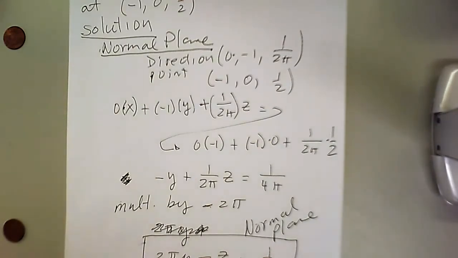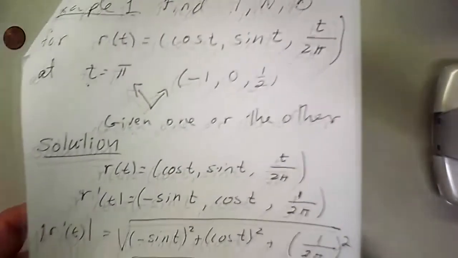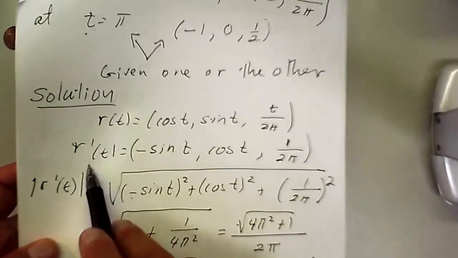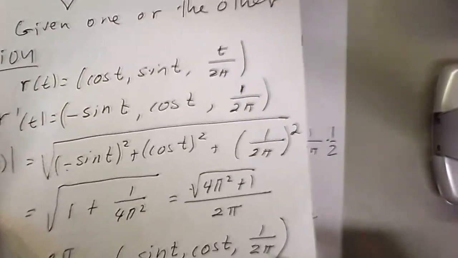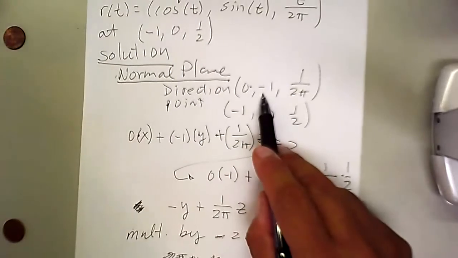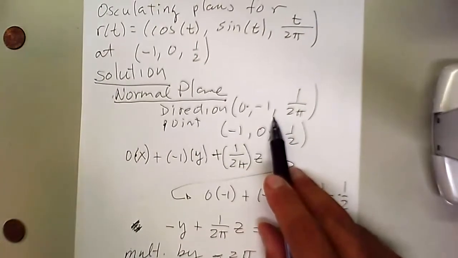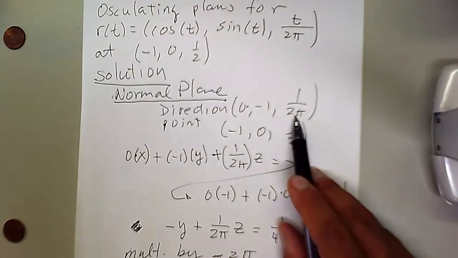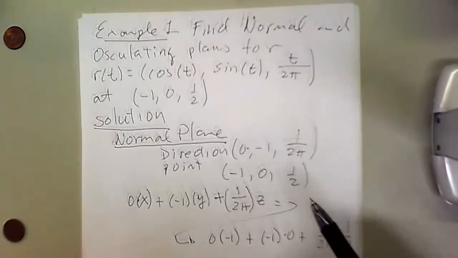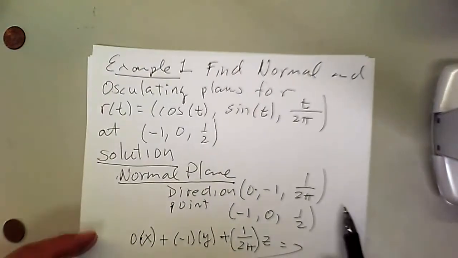If we did not have the previous video handy, then we would still have to go through the steps of the previous video. There was r prime, magnitude, divide this, and then we had to plug in the t value just to get to this point. So we saved quite a bit of time by using the previous video. Just be aware of that. It goes fast once you have the direction, but sometimes finding the direction will take a little while.